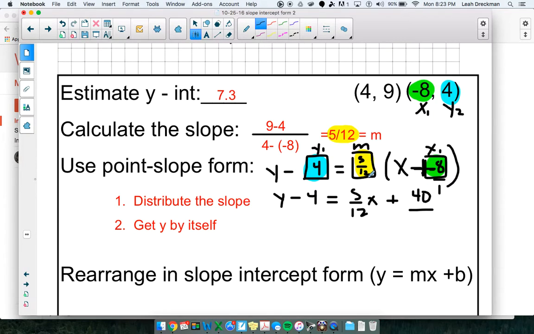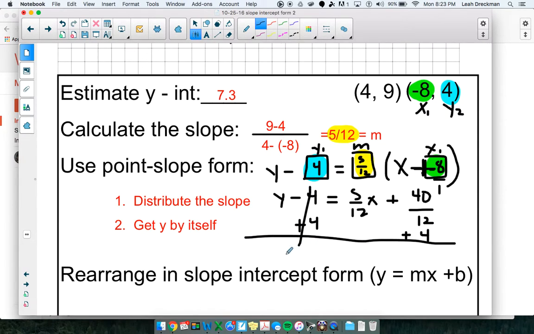And then 12 times 1 is 12. All right, and now we just got to add 4. That's what we mean by get y by itself. So this y has 4 subtracted from it, so I need to add 4 to get that out of there.